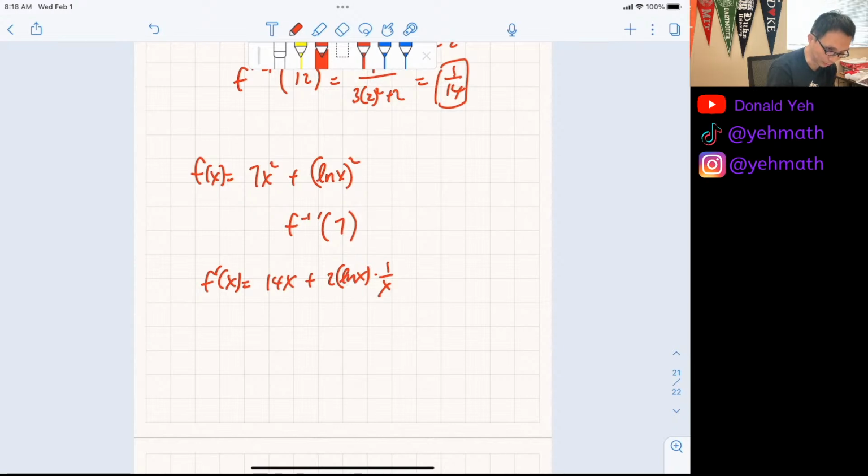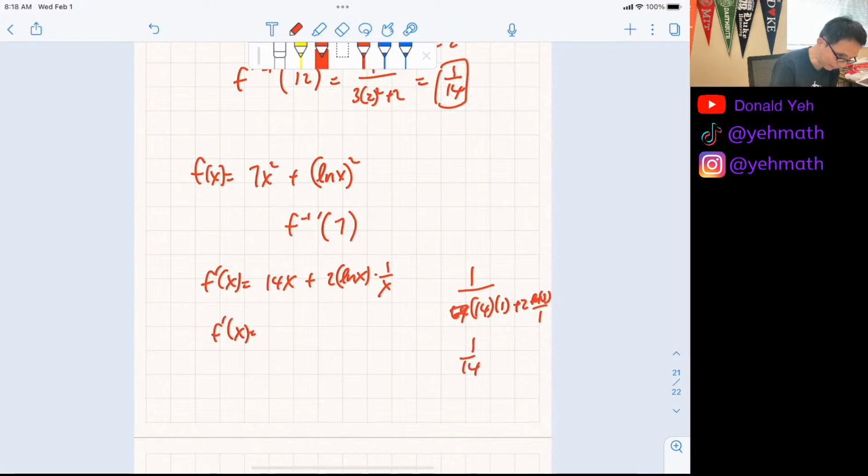Yeah, so 1 over 14 times 1 plus 2 ln of x. Well, ln of 1 is 0, so that's just going to go to 0 over 1. So that's going to be 0. So 1 over 14. Yeah, that's right.